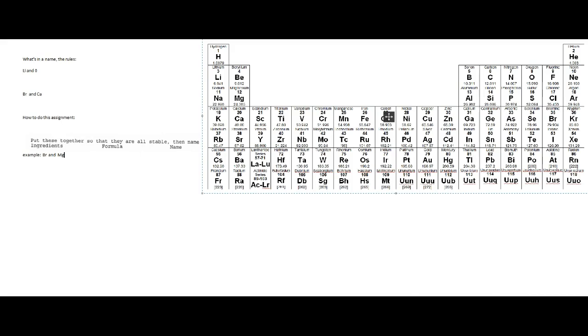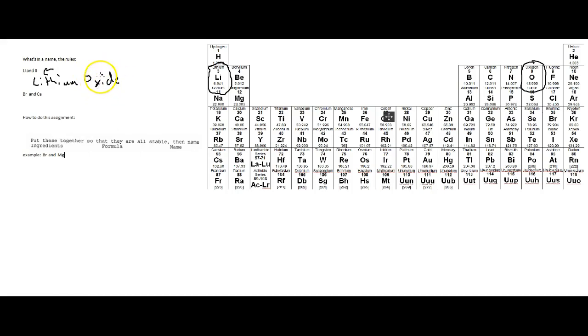So for example, let's say I had a compound made of lithium and oxygen. I do my example problem, lithium and oxygen. I simply say lithium, Li. Find lithium on my chart, find oxygen on my chart. Boom. And I simply say lithium oxide.